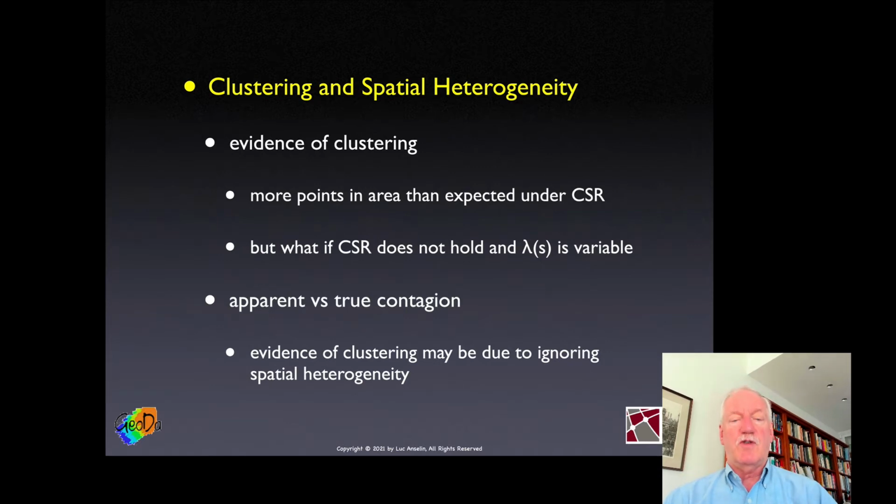So in the first case, the infection rate is the same, but we see clusters because people infect each other. In the second case, we see clusters because the infection rate is different. That's the difference between apparent and true contagion.